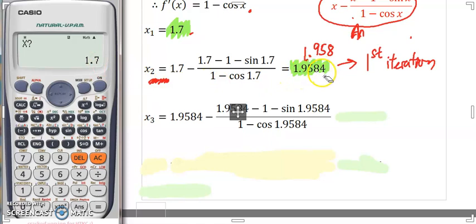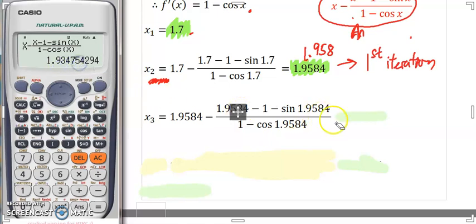But take note, guys and girls, we are not going to key in 1.9584 manually. Instead, we make use of the answer button, A and S here. We press it and then press equal. This is the result we have when we substitute x2 into the function, and we have 1.93475.